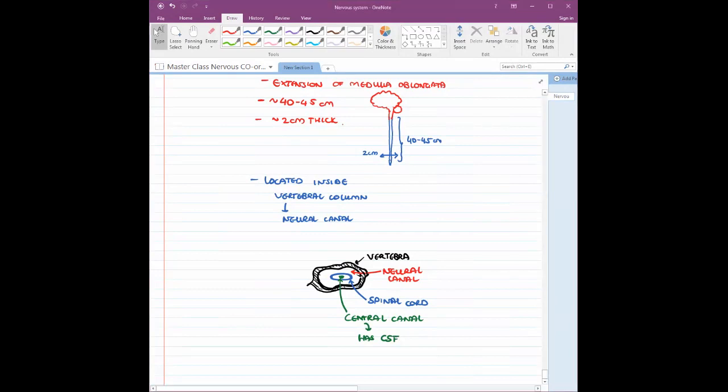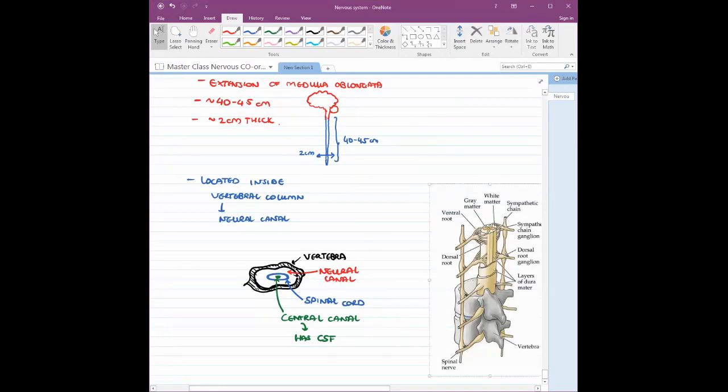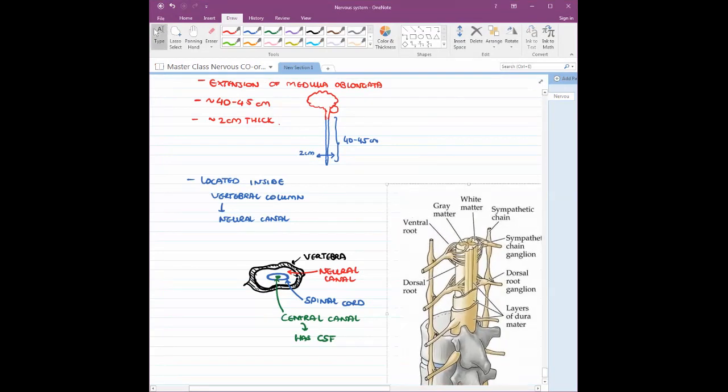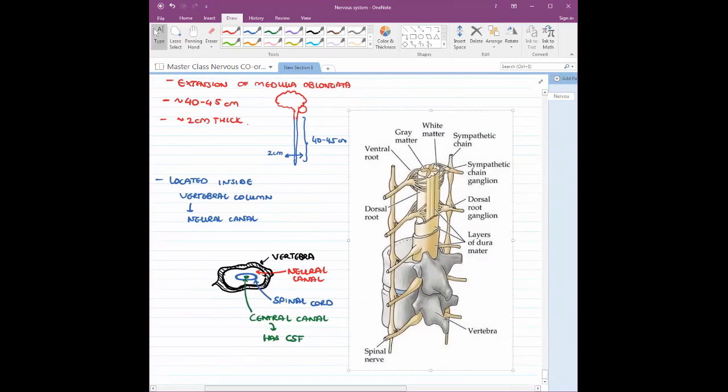Okay, just to show you guys how this would really look like, let me just show it to you. See, this is how we are talking about. Okay, so see, first of all, this is the vertebra. Inside this hollow space, guys, whatever that is present, in which the spinal cord is present, this is going to be your neural canal.